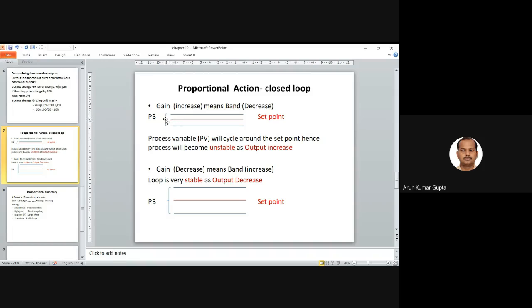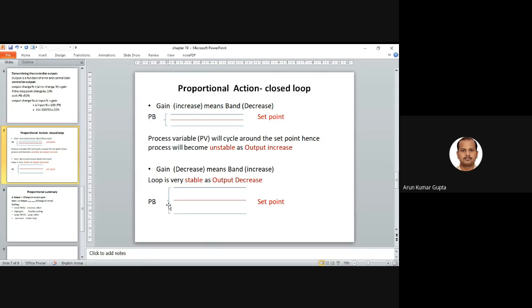It means your system will oscillate in this zone, right? So process variable PV will cycle around the set point, hence the process will become unstable at output increase. Here we are making the output constant. So you can say there are very high oscillations around the set point. That's why we call this system unstable.